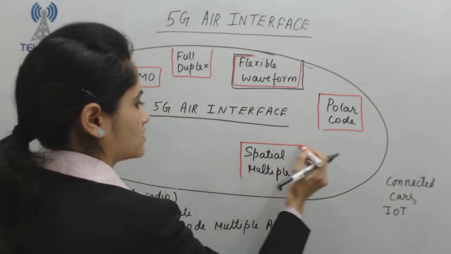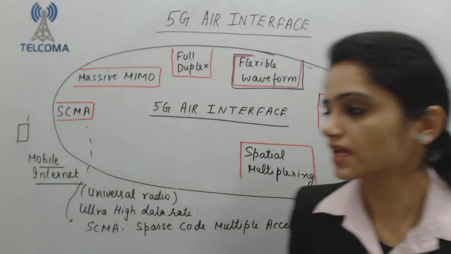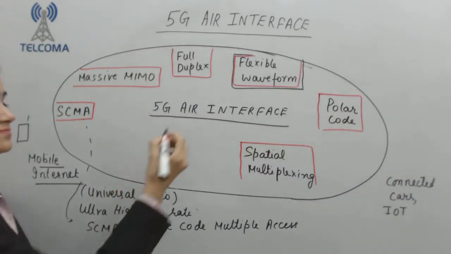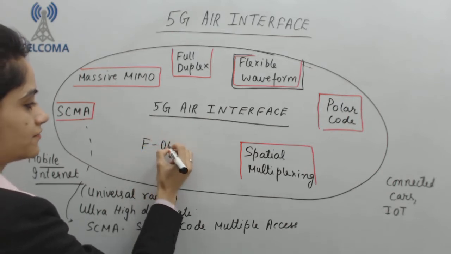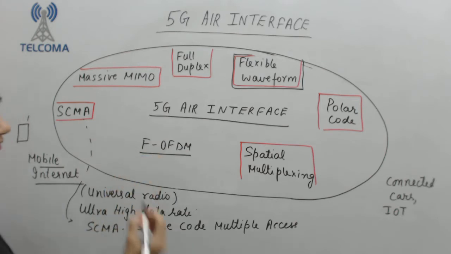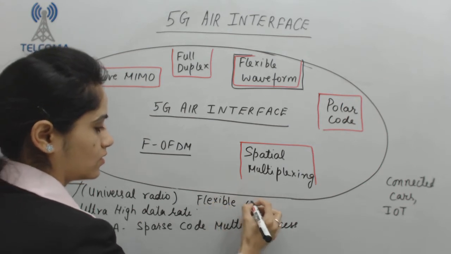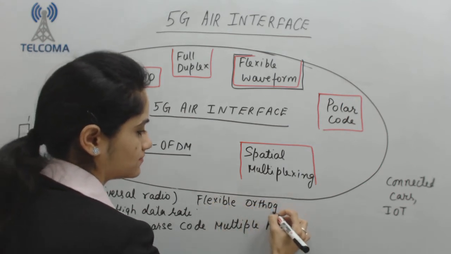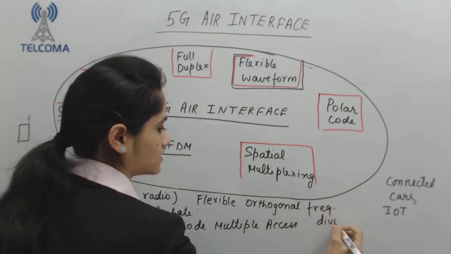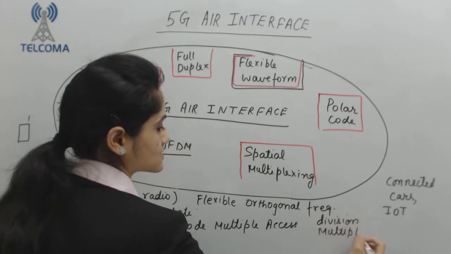So we have the concept of spatial multiplexing, flexible waveform, massive MIMO, SC-FDMA. Now this flexible waveform is my F-OFDM. So I will write F-OFDM, which is my flexible waveform, where F is flexible orthogonal frequency division multiple access.